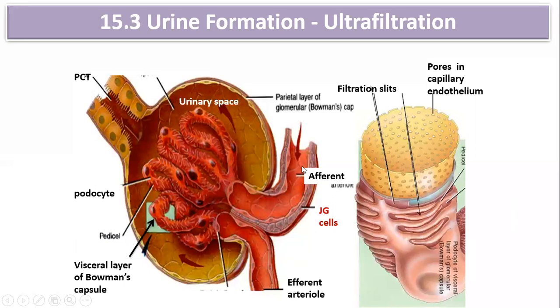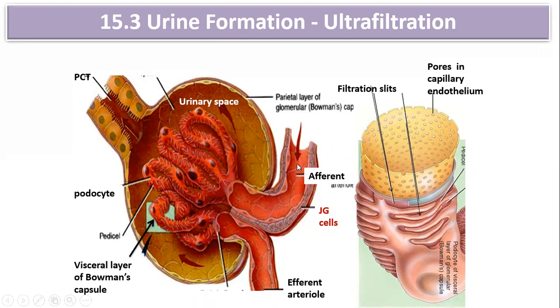This is the afferent arteriole, and this is the efferent arteriole. The afferent arteriole has a larger diameter than the efferent arteriole. So there is a difference in the diameter, and the capillaries are still smaller in both. Because of this difference, blood flows with greater pressure in the glomerulus.